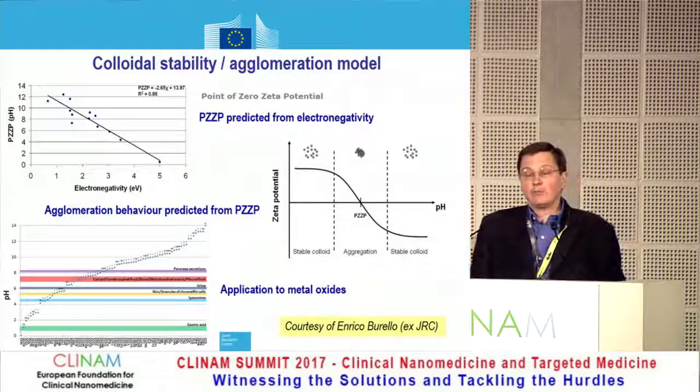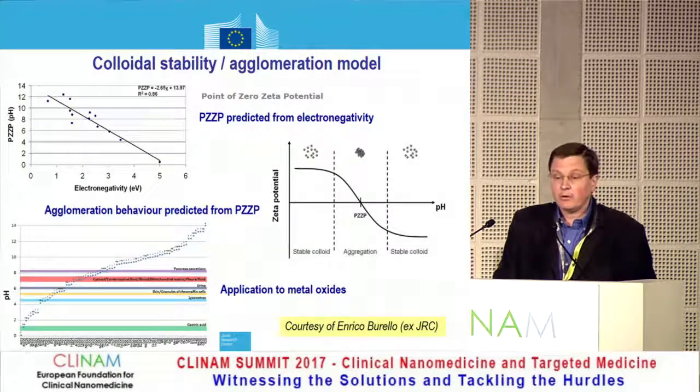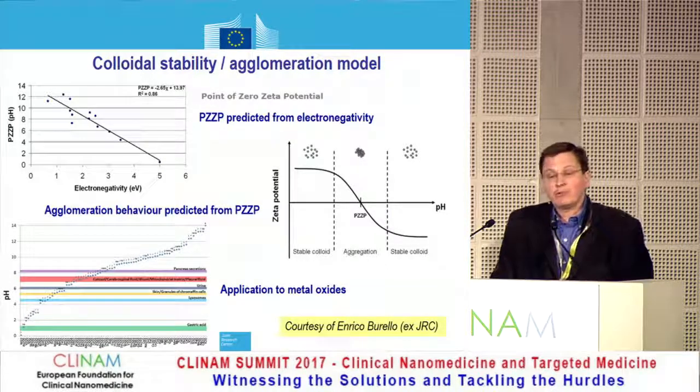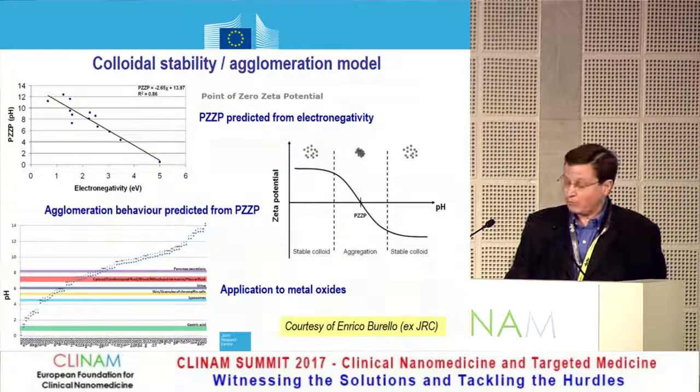And if you generate the computed point of zero zeta potentials for a whole range of metal oxides, you can then overlay that onto the pH ranges of the different fluids within the body. And that might give you an idea of whether or not you would get agglomeration within those particular tissues.